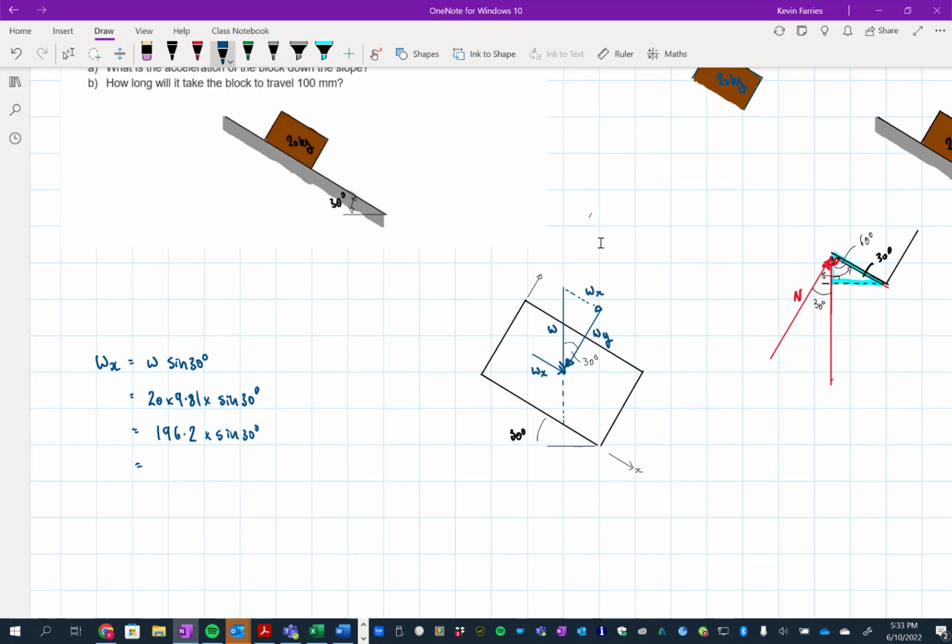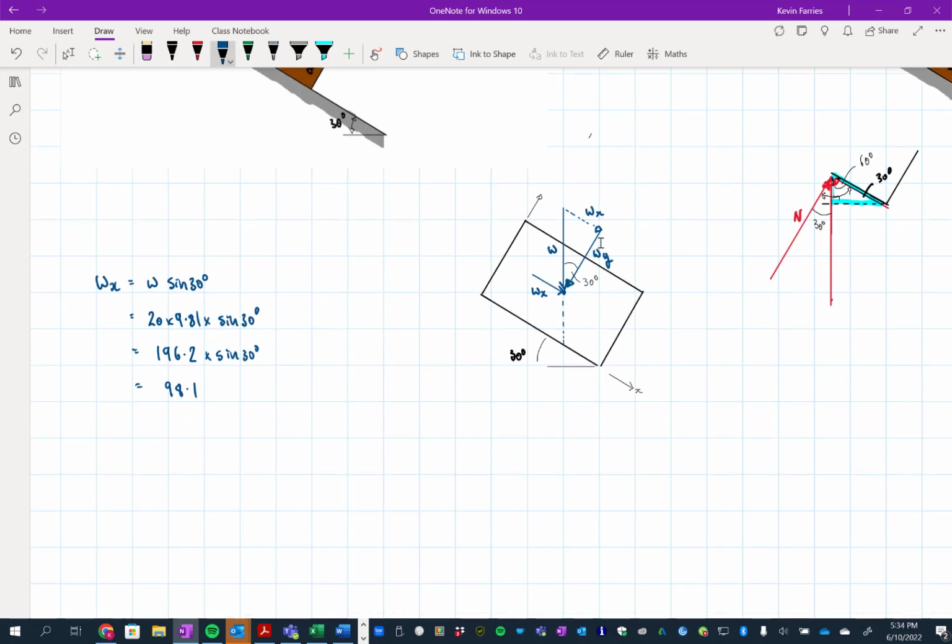Alpha 196.2 is going to be 98.1 newtons. Just double check that: 196.2 times sine 30 is 98.1, yep.